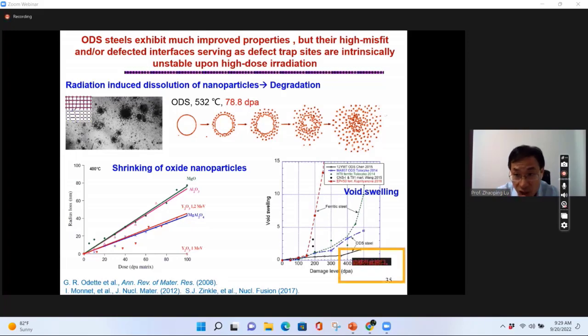However, these high energy interfaces are intrinsically unstable at high temperature with high dose irradiation. The oxides gradually shrink until they finally disappear. So this dissolution will degrade the material properties.